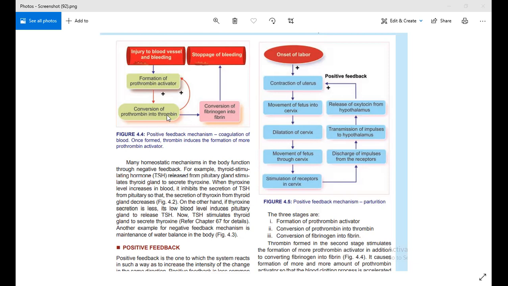And then this thrombin causes the conversion of fibrinogen into fibrin. Now, this fibrin forms what we call a network or a mesh, or what you call a blood clot. And it is that blood clot that stops the bleeding.